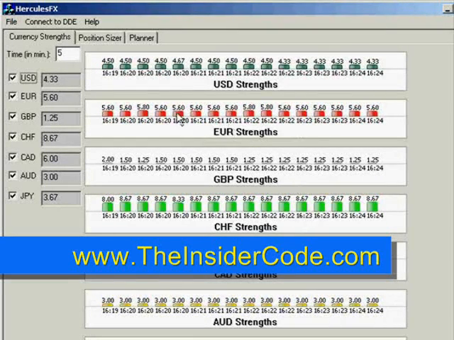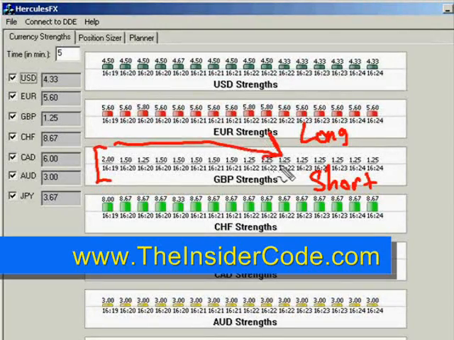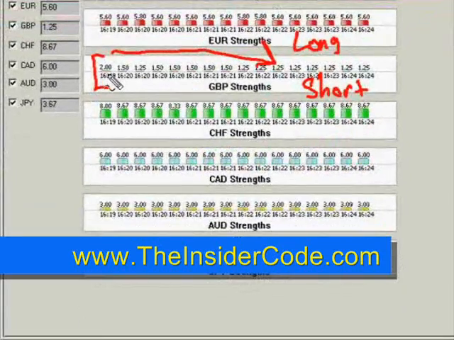Now the technique to use these currency strengths on Hercules is really very simple. If, for example, I was looking at the British pound and I was trying to decide whether or not to go long or short, by looking at the currency strength, I can see that for the short term at least, this strength is going down, yes, but look how low it is.